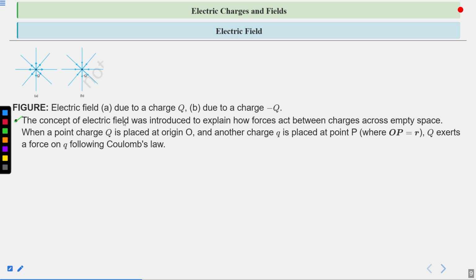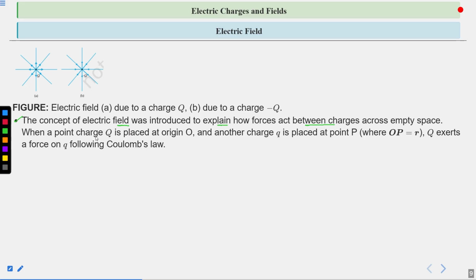The concept of electric field was introduced to explain how forces act between charges across empty space. So basically, electric field is a space in which charges feel electrical effect.